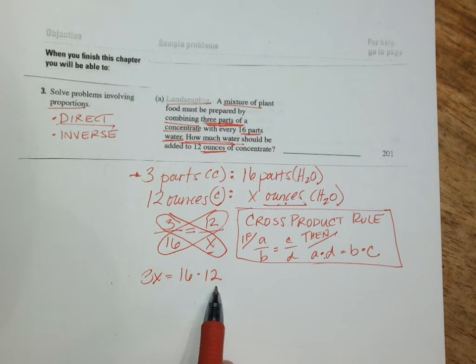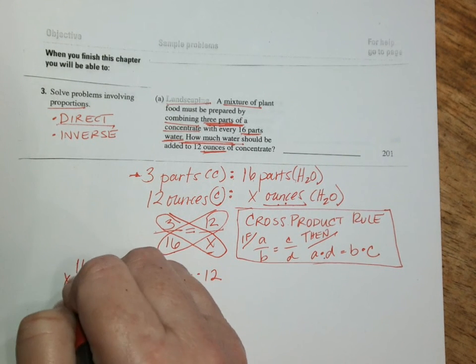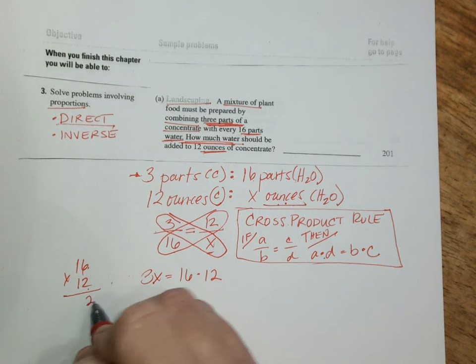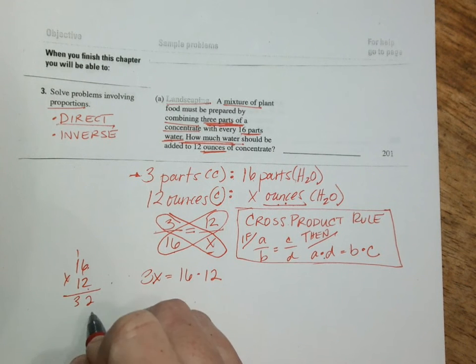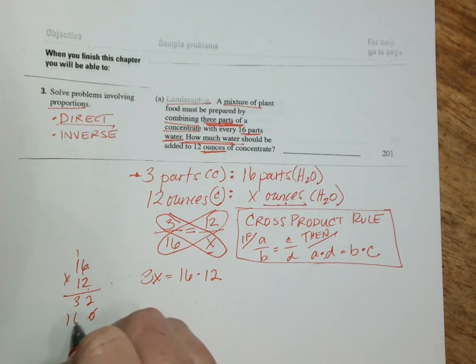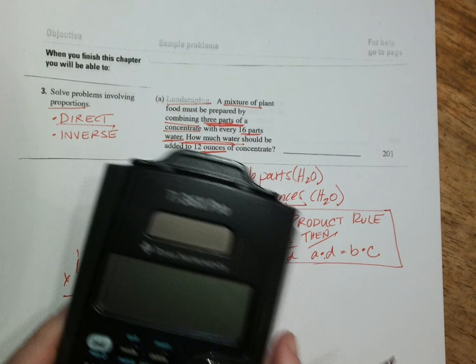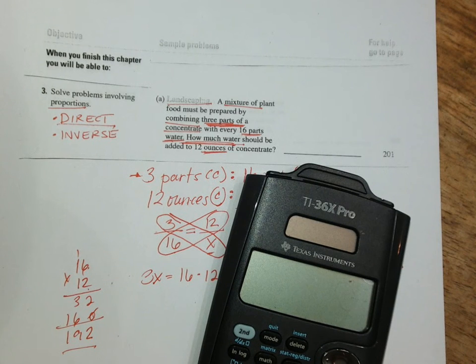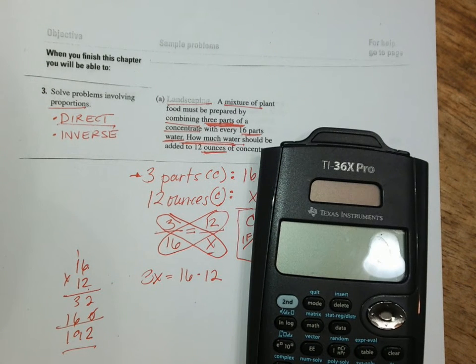Add those together and you get 192. I can do that, or I can get my handy dandy calculator and say that 16 times 12 is 192, which is exactly what I got right here, but it never hurts to double check.